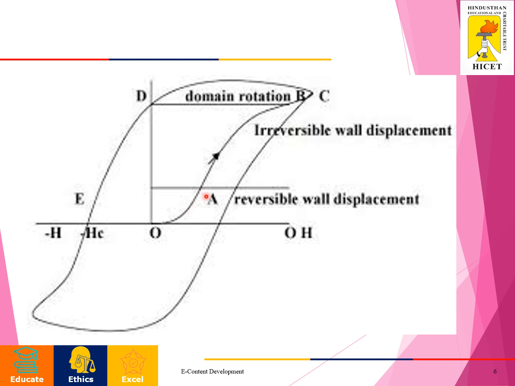This process is indicated by AB, and it is called irreversible wall displacement.